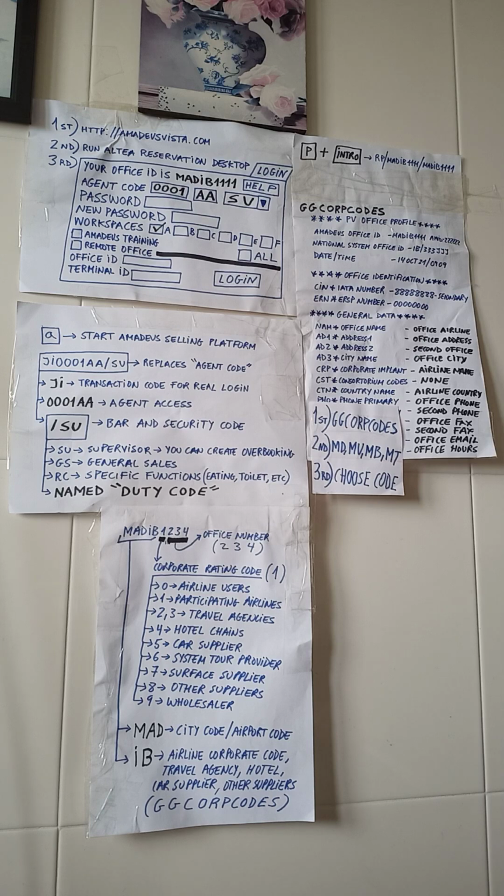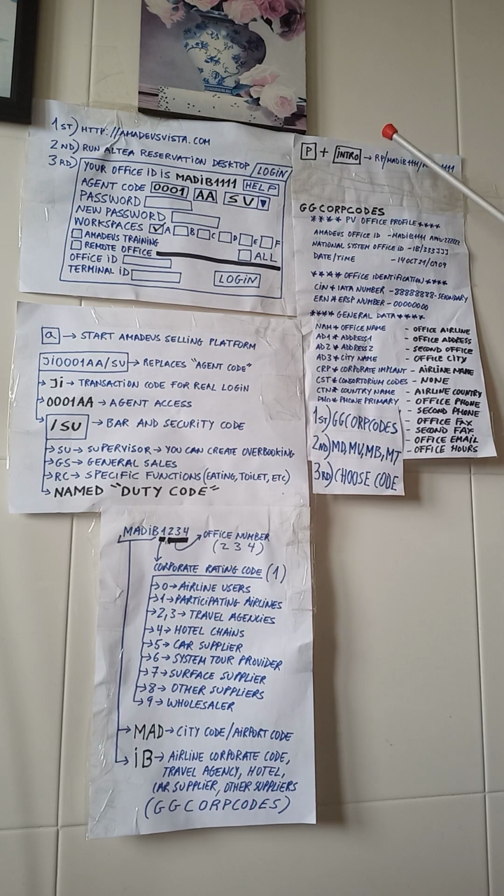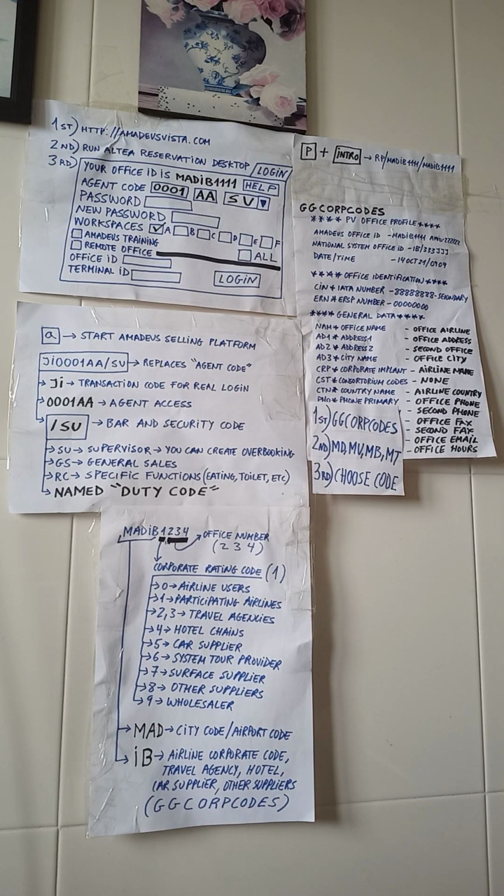This code is obtained by searching for the Office profile, which is represented by the acronym PV or RP. When you are inside of a PNR, it means the reservation.